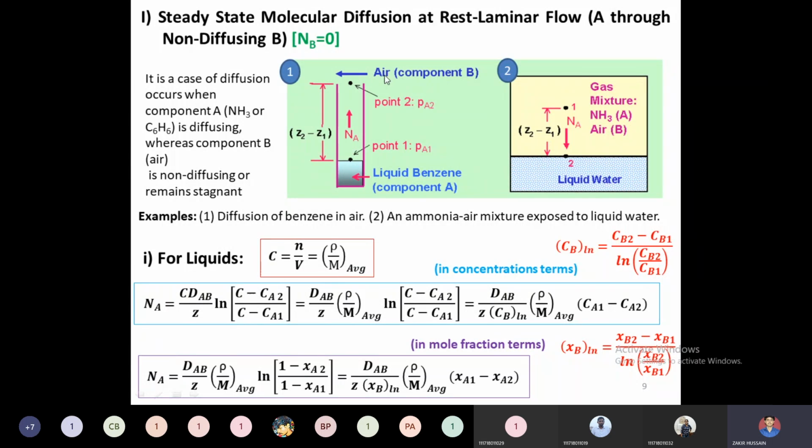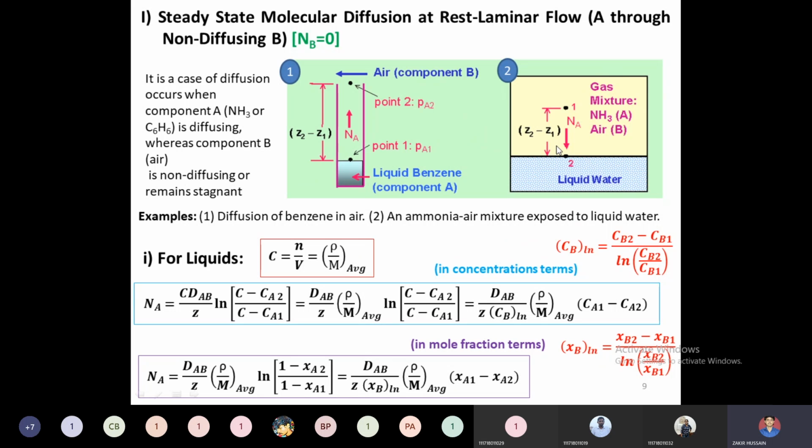When surrounding air flows around the tube, that air will replace some of the liquid inside the tube. The transfer of benzene to the surrounding air is an example of A through non-diffusing B, because air B is not diffusing at all, so it remains stagnant.